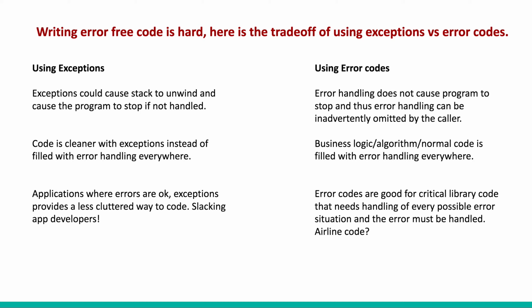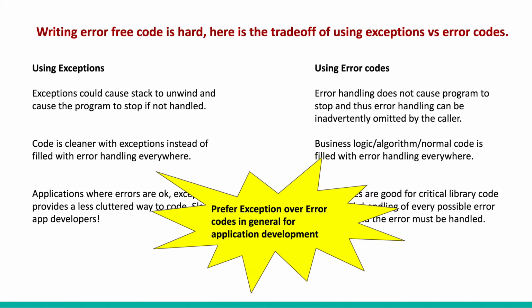I read a lot of blogs. The author has a clear perspective of using exceptions over error codes, but it can be debated what's the right thing to do. As a general rule of thumb, exceptions seem like a better use case for application developers to have less cluttered code, handle issues, and have better testable code.